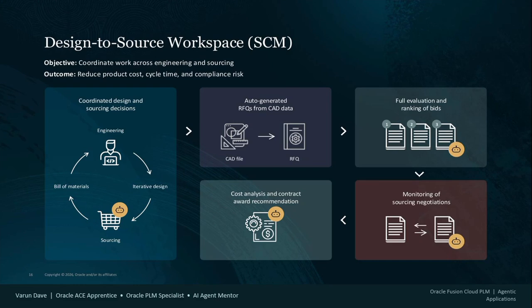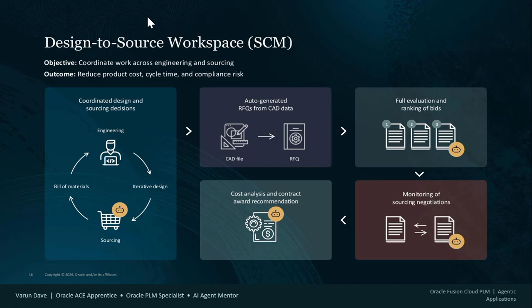The system reads the CAD files, parses them, and builds a draft RFQ. No manual data entry. From there, evaluation and ranking of supplier bids. AI analyzes the responses, scores them against your criteria, and surfaces the best option.